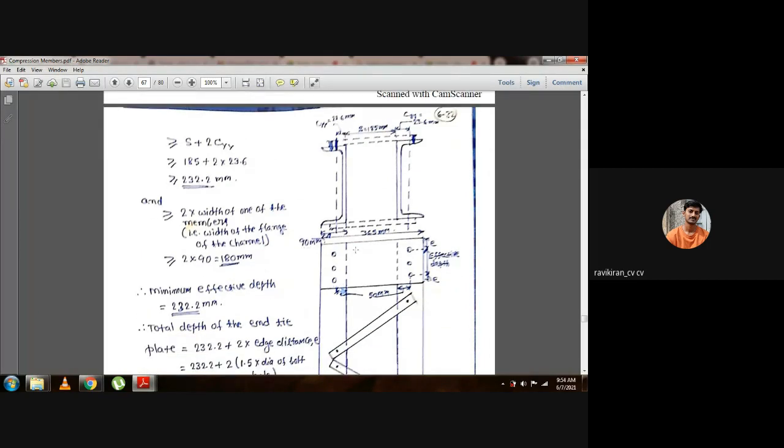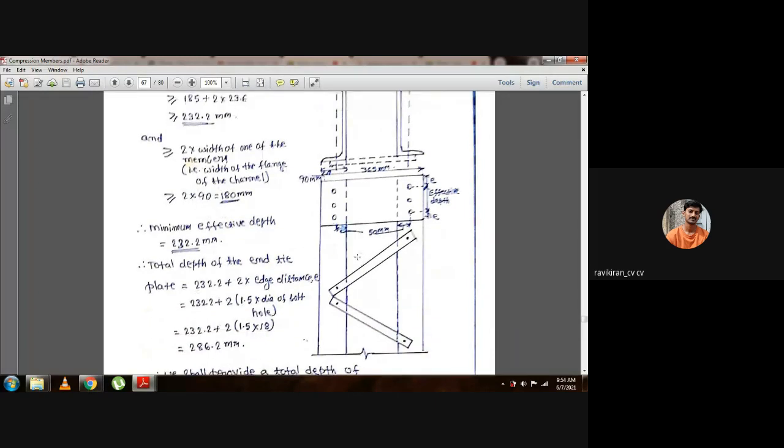See, now if you take a close look at this figure, it is looking somewhat blurred, but it's okay. The total depth of the end plate is 232.2 plus 2 into edge distance. 232 is effective depth from here to here. After that, edge distance on either side of the plate, that is 1.5 times the dia of the bolt hole.